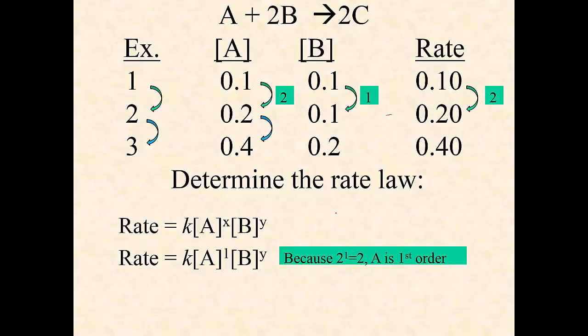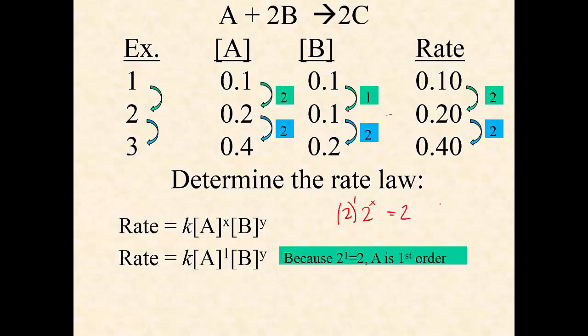A doubled. Well, I already know that if A doubled, it's first order. I know that. So what did B do? B also doubled, but I'm trying to figure out this. So what you're asking yourself is, what did this do? It doubled.